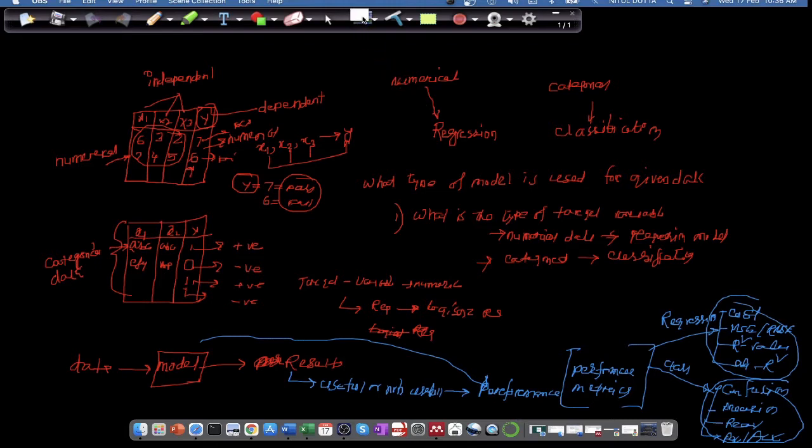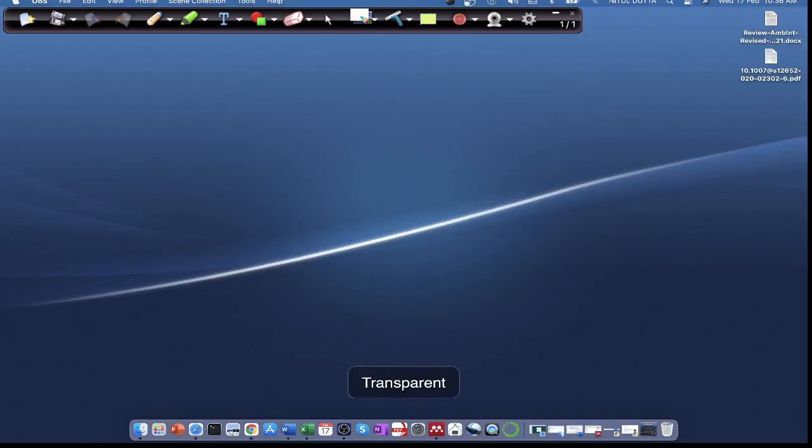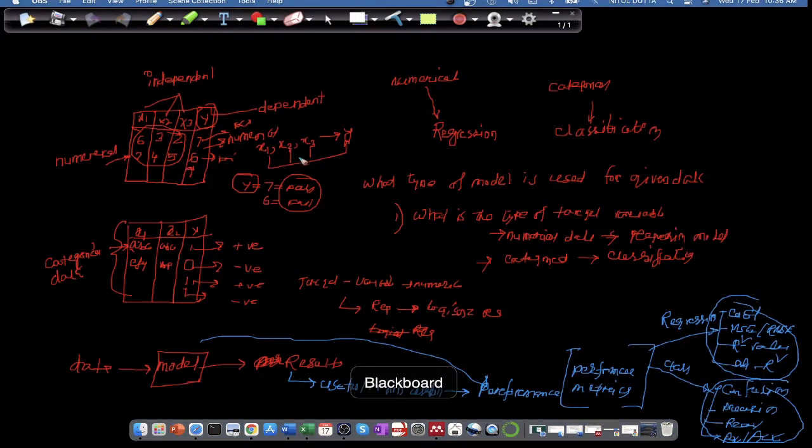Okay, we have seen the classification model, and we also have seen the regression model. And in order to evaluate the performance of a regression model, the cost, root mean square, R square and adjusted R square values we have examined.